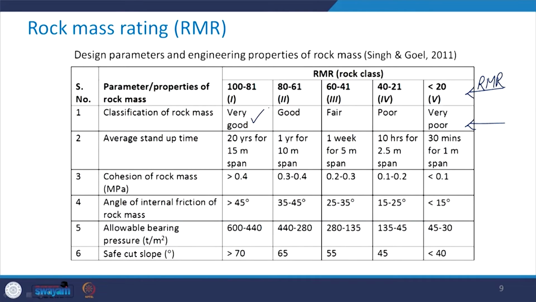If it is 61 to 80, it is good quality rock mass. Between 41 to 60, fair quality. 21 to 40, poor quality, and if the rock mass rating works out to be less than 20, then the rock mass quality is said to be very poor.